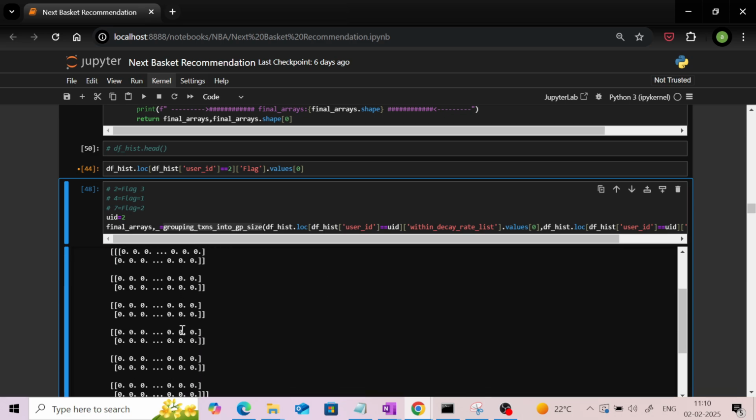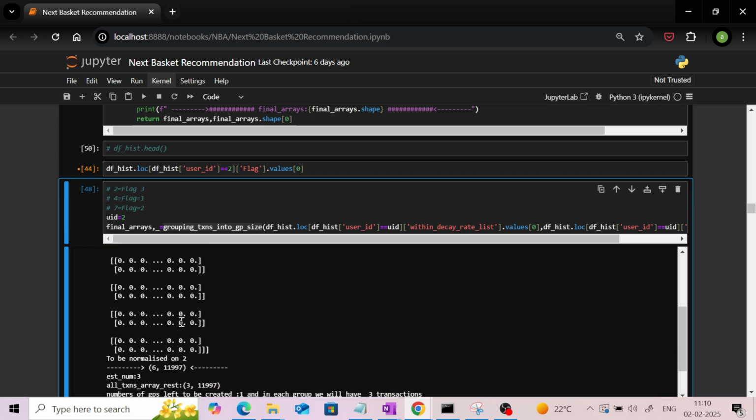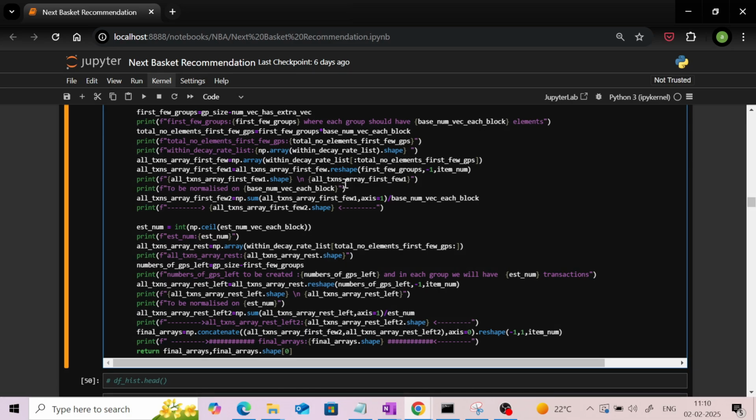That is being shown in the output also when I am printing. If you see, first group, second group, third group, fourth group, fifth group, and sixth group. We are printing all the groups that we are grouping over here.